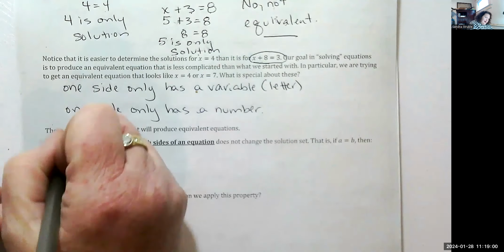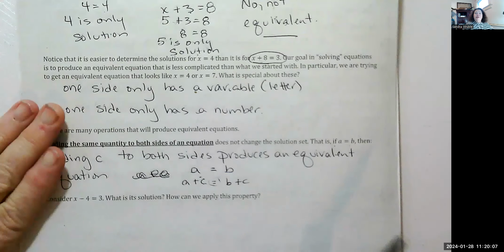And so you've got to keep both sides equal. If A and B are already equal and you add C to one side, now they're not equal until you add C to the opposite side. Okay, you've got to keep everything equal. Otherwise, the equal sign has no meaning. Again, this is just a language.